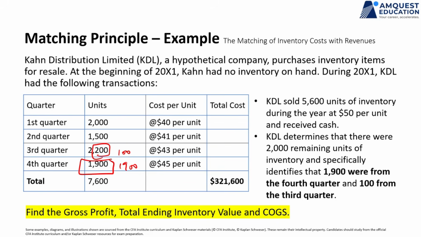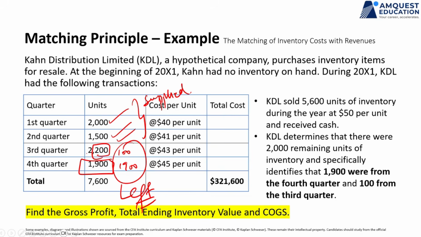5,600 units delivered, which is 2,000, 3,500, and another 2,000, 5,500, and 5,600. These are the units which are left, and these are the units which are supplied. So in this case, we are trying to find the gross profit, total ending inventory value, and cost of goods sold. Now, simple.